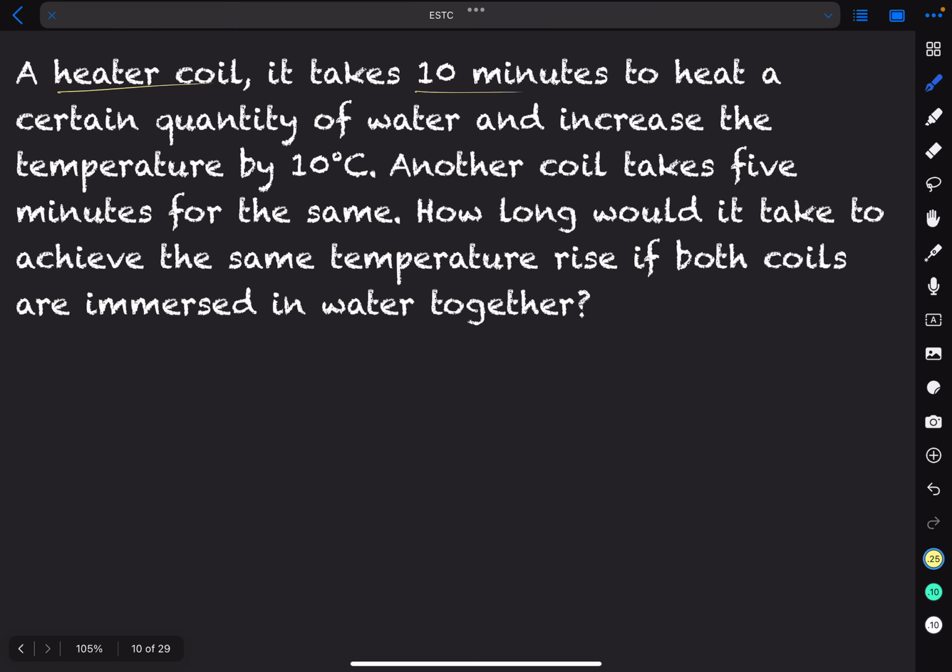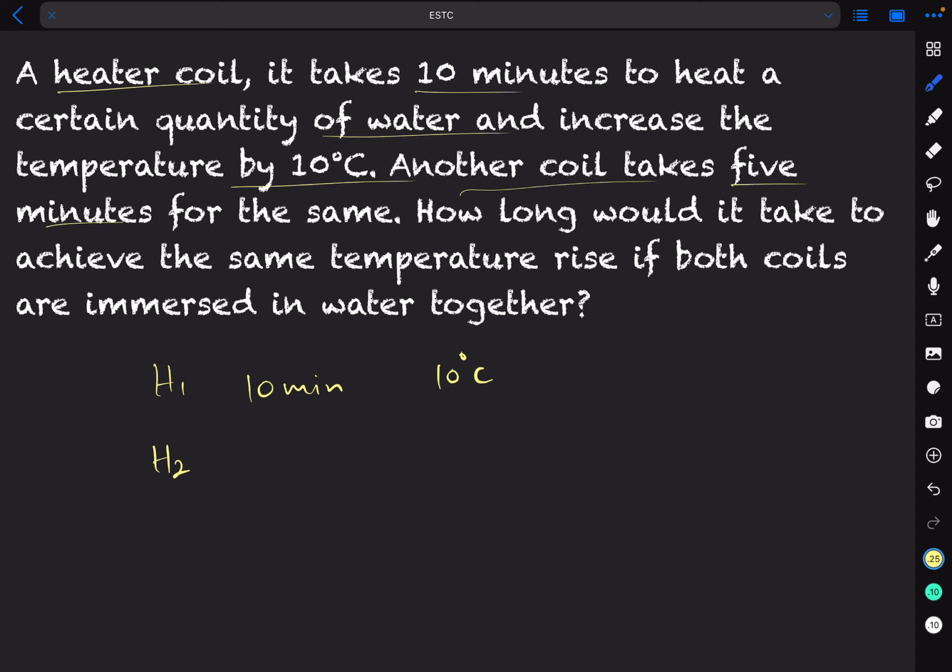A heater coil takes 10 minutes to heat a certain quantity of water, increasing the temperature by 10 degrees Celsius. So let's take the heater coil 1. It is taking 10 minutes to increase the temperature by 10 degrees Celsius. Another coil takes 5 minutes for the same, so let's name it heater coil 2. For the same means for the 10 degrees Celsius.